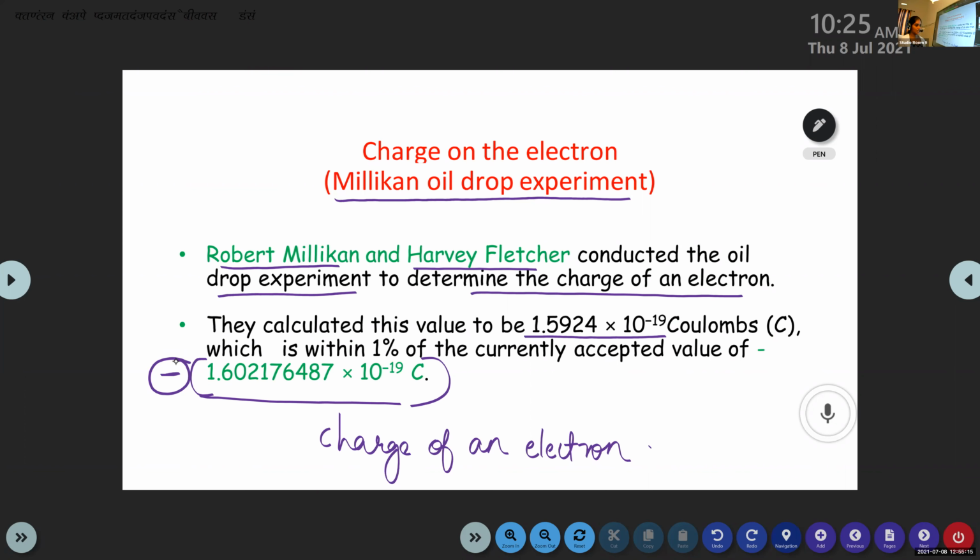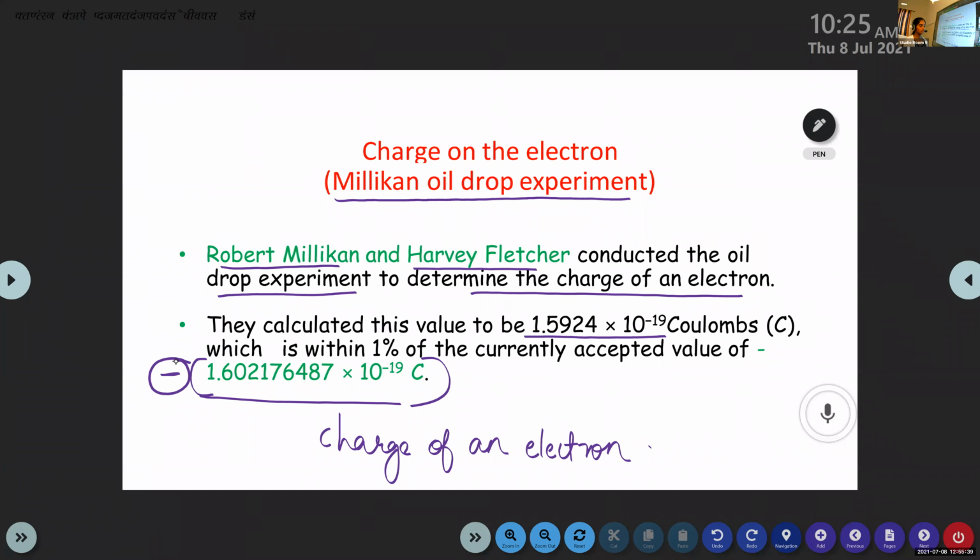Pooja, what's the name of the experiment that leads to the value of the charge of an electron? Millikan oil drop experiment. Okay. And what about the charge of an electron?